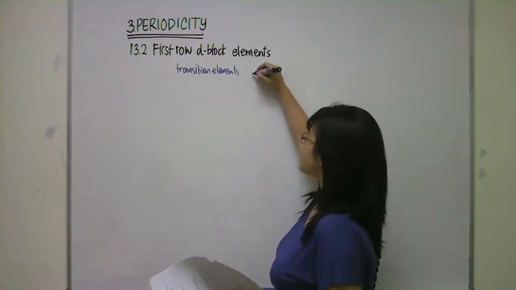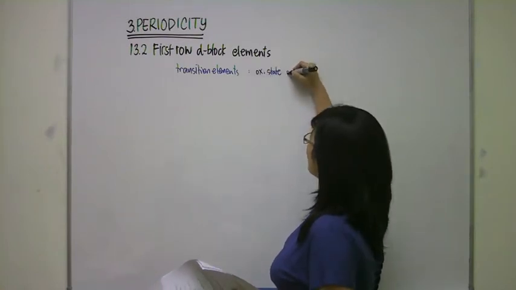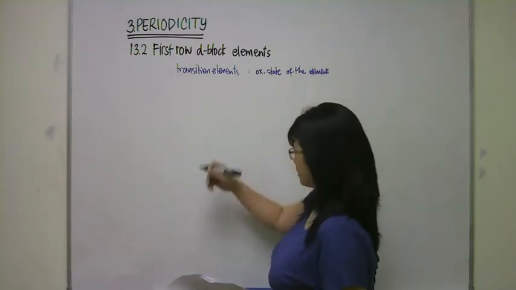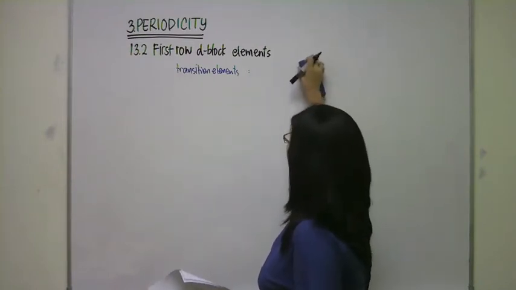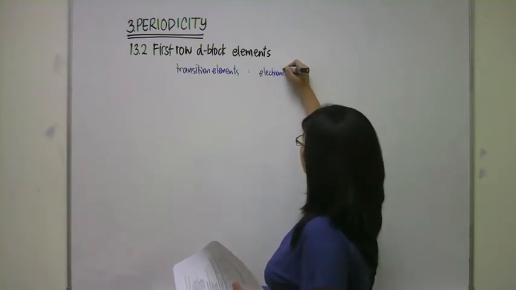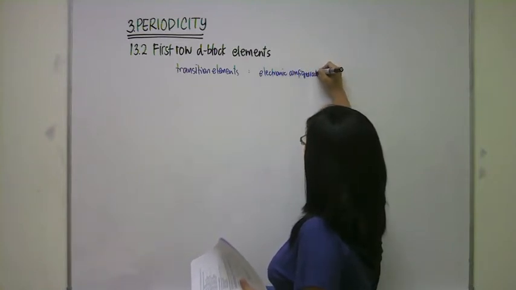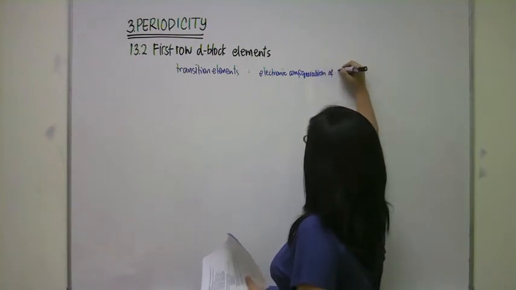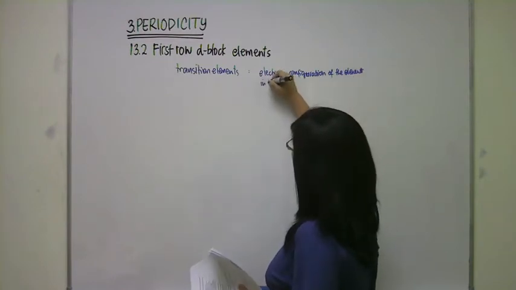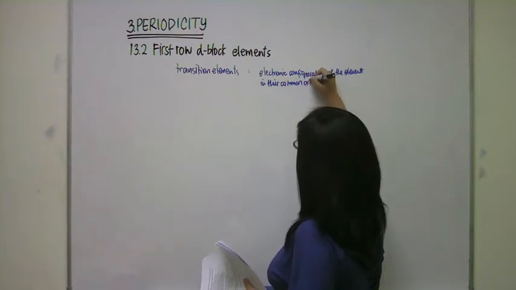So you need to emphasize that as transition elements, we are talking about the oxidation state of the element, or rather about the electronic configuration of the element in their common oxidation state.